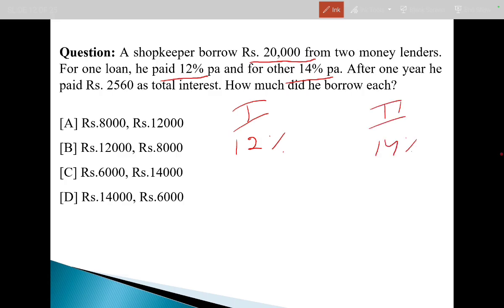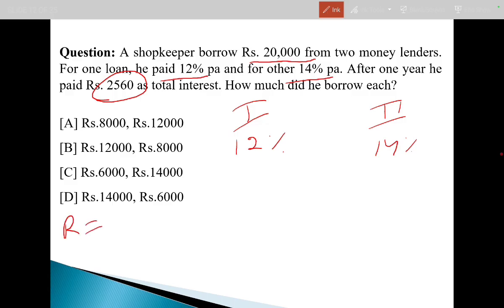In allegation, as you know, if percentages are given, we need to figure out the overall rate of interest. They said after 1 year he paid this much amount as total interest. How much did he borrow for each? First of all, we will figure out the overall rate of interest.